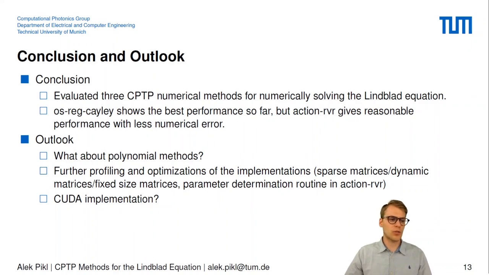We want to check the parameter determination routine in the action method, if we can gain some speed up there. And because we like GPUs, we want to try to work on a CUDA implementation and see if we can parallelize the solvers on a GPU.